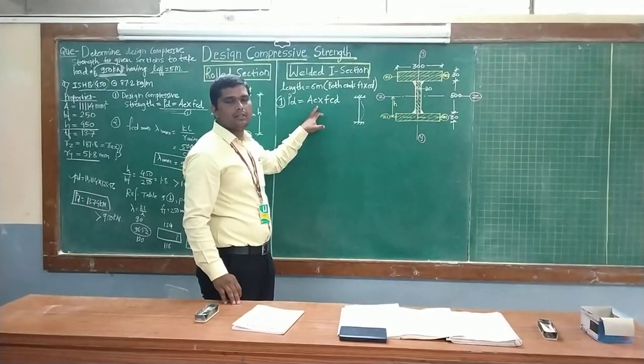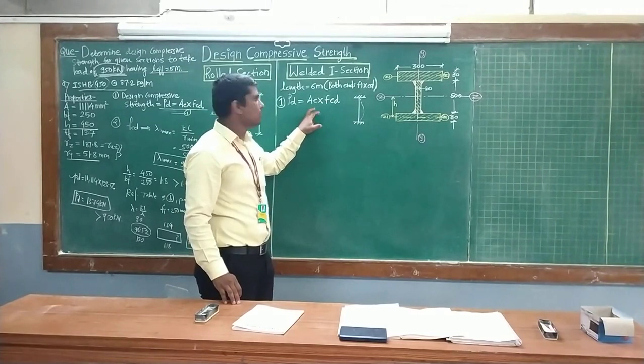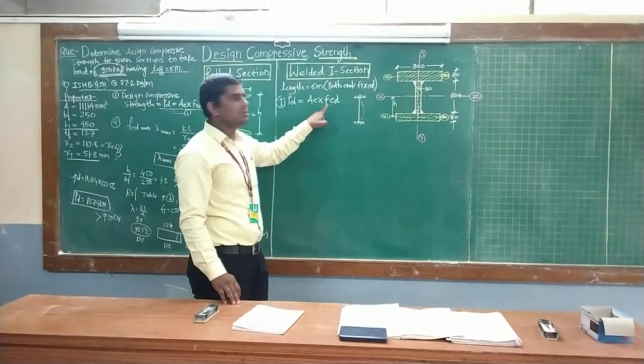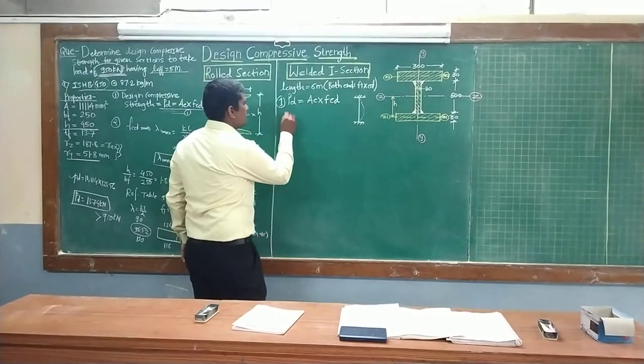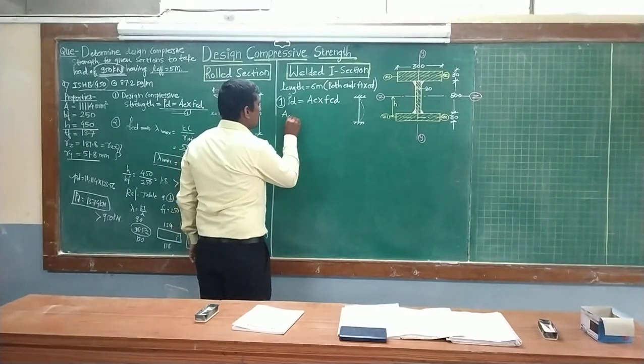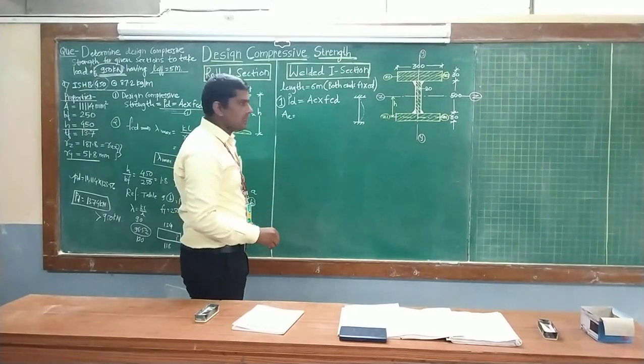The design compressive strength is equal to the effective cross-sectional area into the design compressive stress, fcd. Before that, we find the effective cross-sectional area.